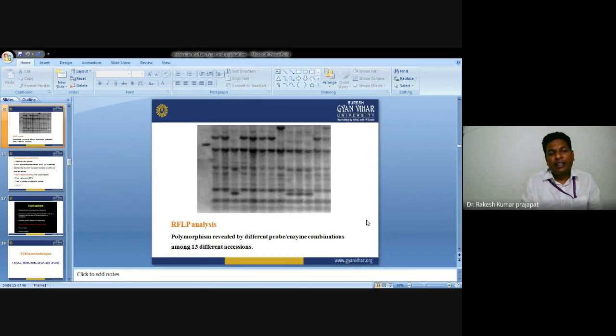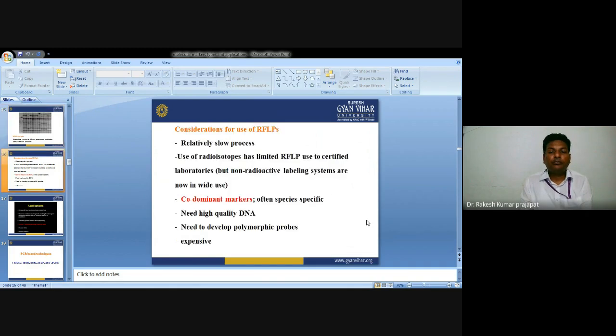So this is RFLP analysis, with polymorphism revealed by different probe and enzyme combinations. This is what the RFLP banding pattern looks like. RFLP is a relatively slow process and takes time.